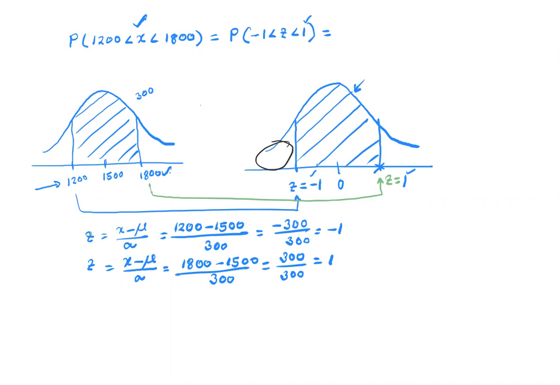Remember that, because standard normal distribution table is cumulative from the left. It gives you all the area to the left of this point of interest. So everything to the left of Z is equal to 1. Everything to the left. All right.